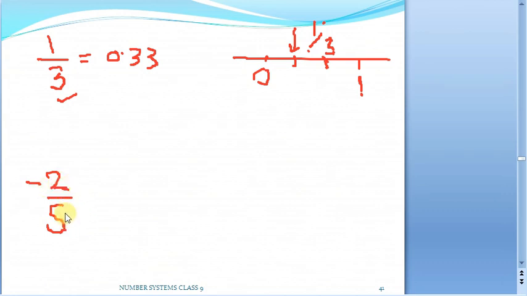In this case also we will do the same, but this minus sign says that we have to proceed in the reverse direction as we did in the earlier case. So we have to move in the left direction. It is also proper. So now it will lie between 0 and minus 1, not 1. Why? Because this is a negative number, so it will be lying between 0 and minus 1.